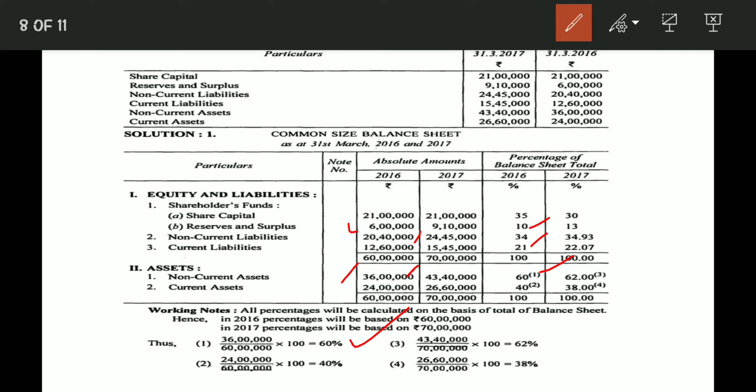12 lakh 60,000 is divided by the common base 60 lakh, that is 21%, right? Same as previous year, we can find the current year data. 21 lakh divided by 70 into 100, that is 30%. 9 lakh 10,000 is divided by 70 lakh, that is common base, so 13%. 24 lakh 45,000 is divided by 70 lakh, that is 34.93%.